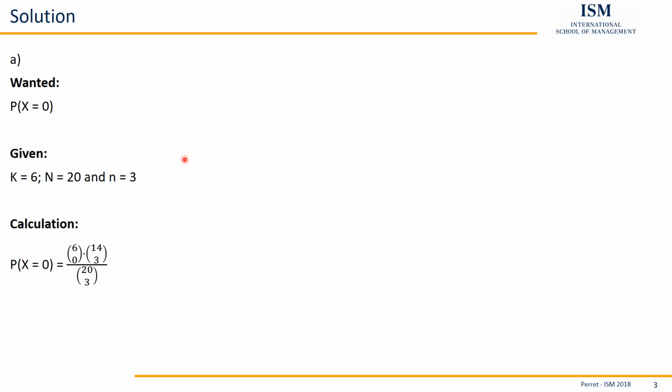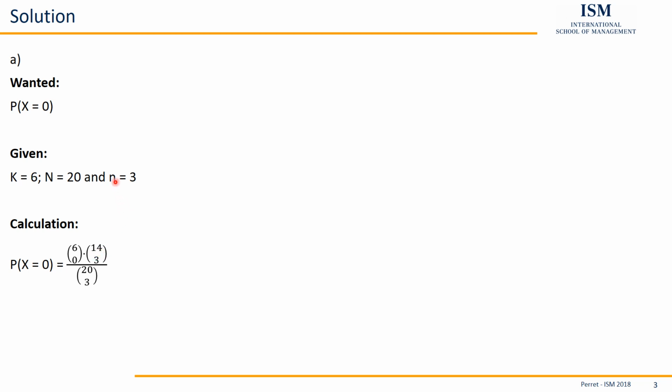If we have all this information, we can simply put it into the probability function for the hypergeometric distribution, which is large K over small k. So 6 over 0, times, then up here I have large N minus large K, so the number of students who do not study PM, over 3.